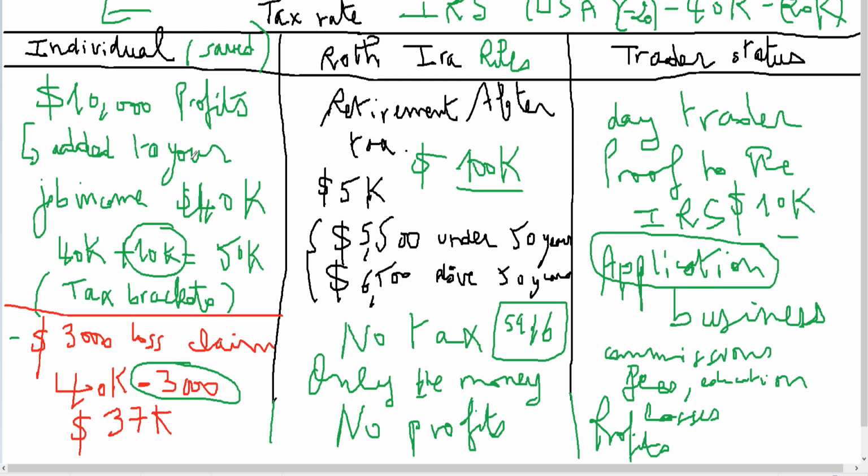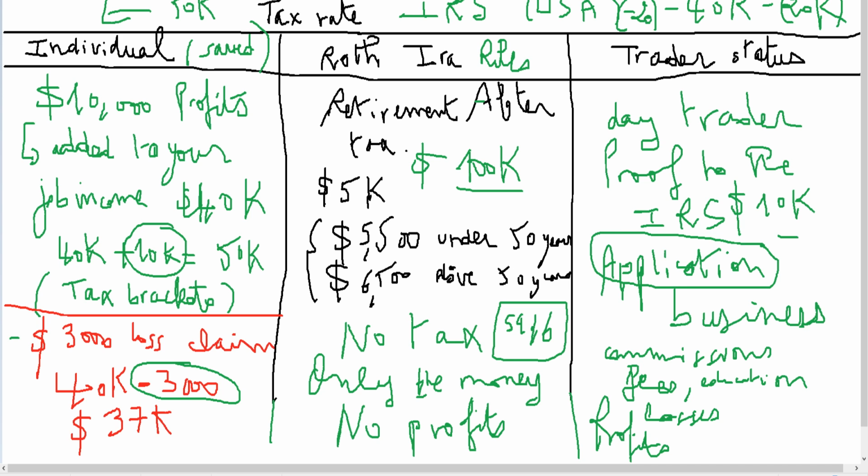Okay? These are just the main three. There are more accounts, but people, because they don't search, are unaware that there are a lot of accounts, and the tax changes. For example, here, Roth IRA, you don't pay tax. Suppose you have a good year and you make a lot of money. Let's say you make $50,000 this year in an individual account.